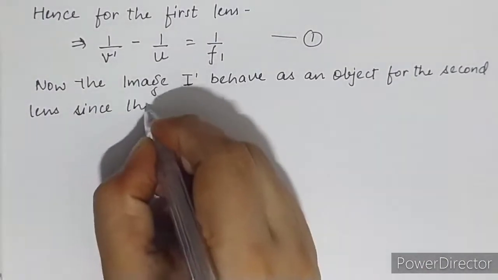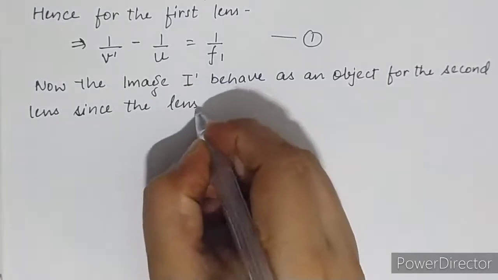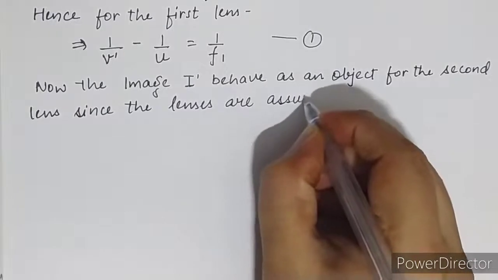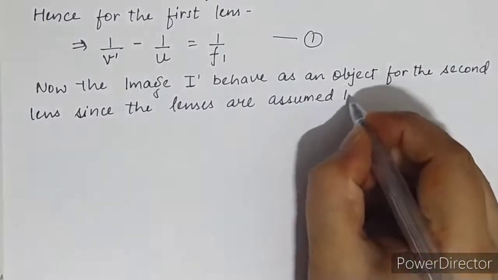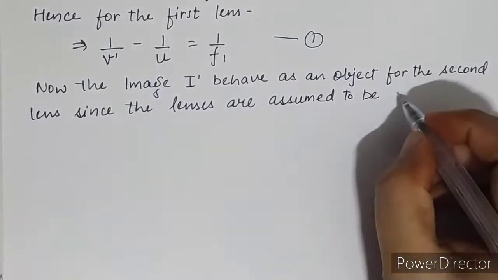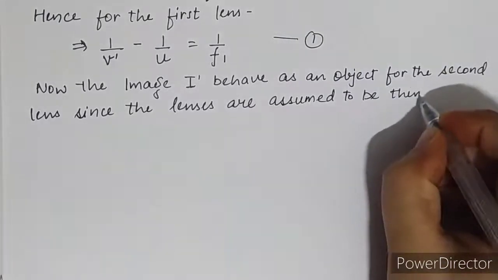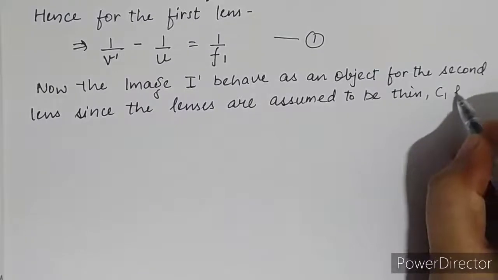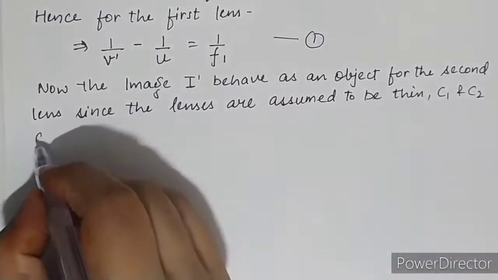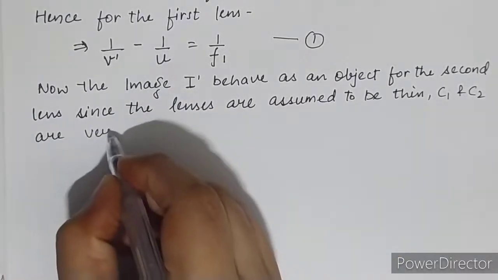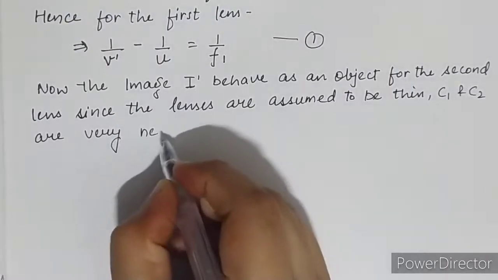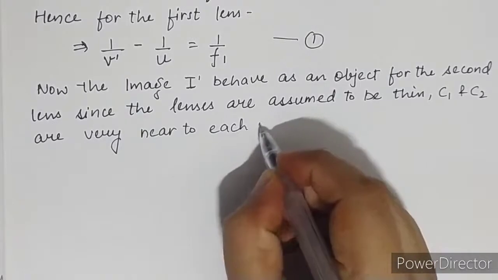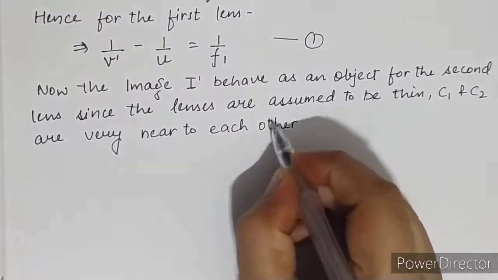Since the lenses are assumed to be thin, their optical centers C1 and C2 are very near to each other.